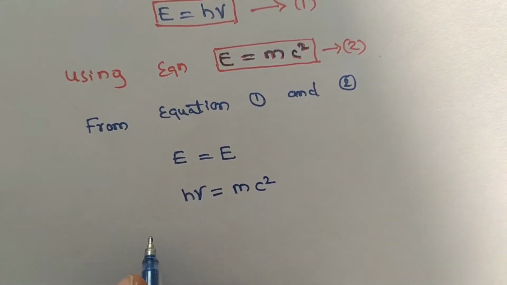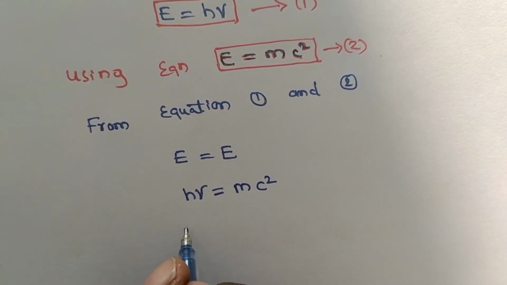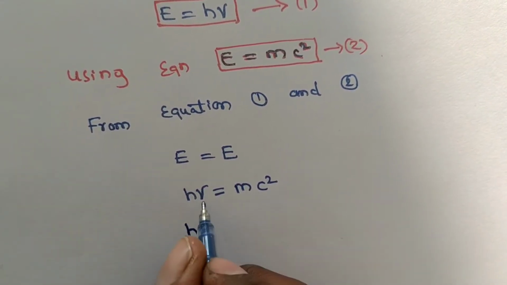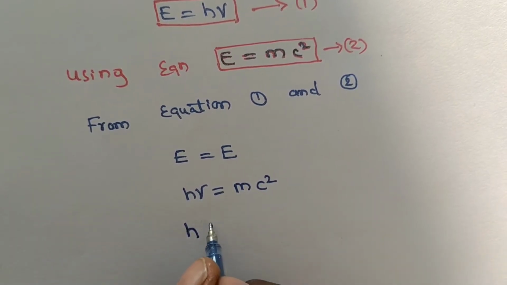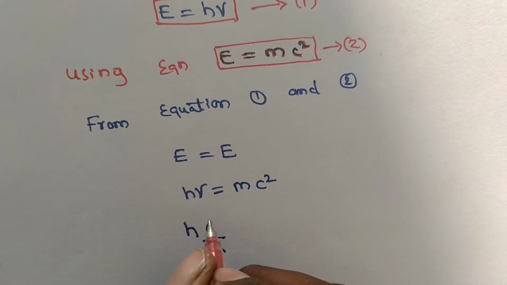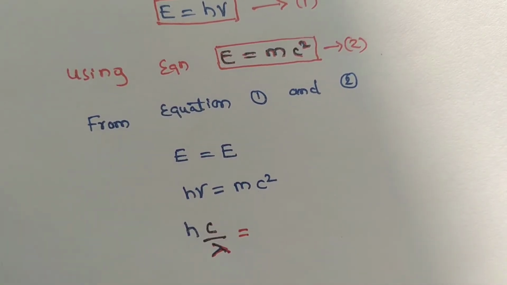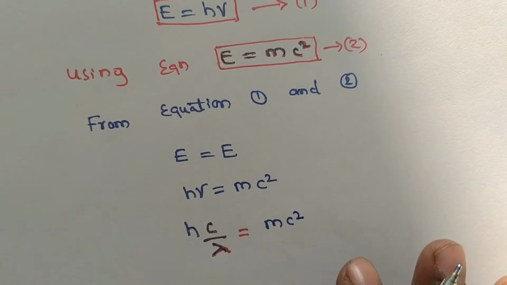Then h, in the place of nu, we consider c divided by lambda, is equal to mc square.